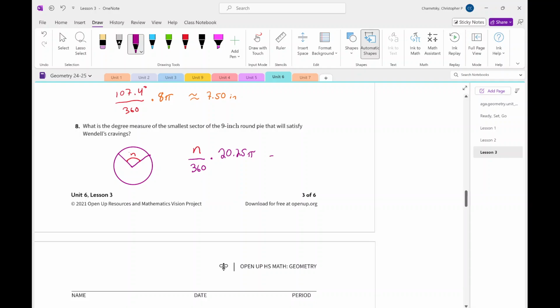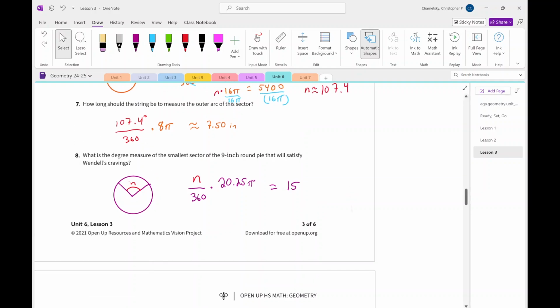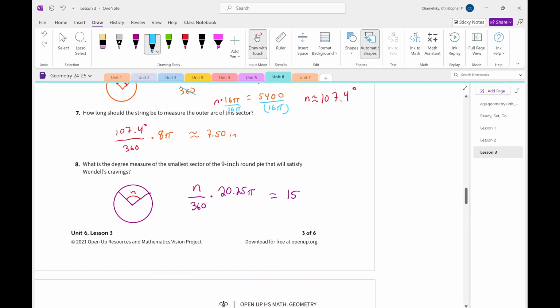And that is going to equal, remember he wants a guaranteed 15 square inch area slice. And solving it's basically the same process. We're going to multiply both sides by 360 to get rid of that denominator.